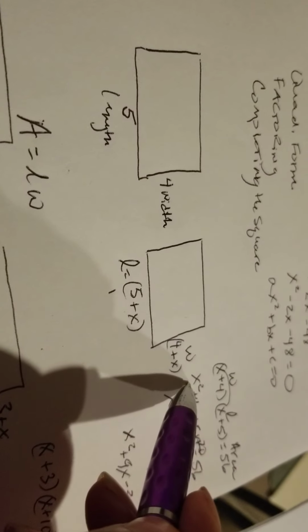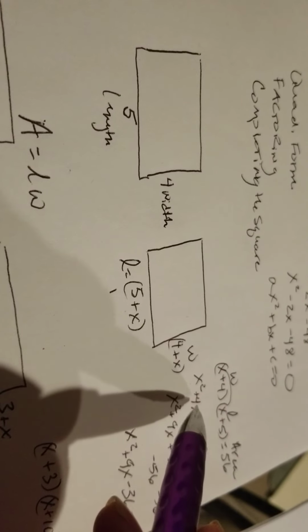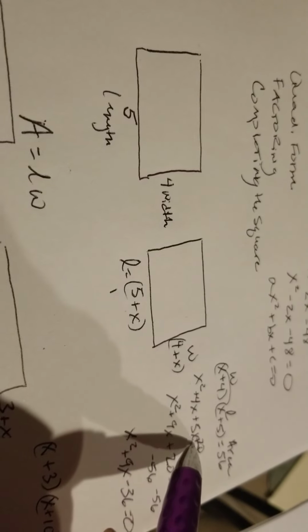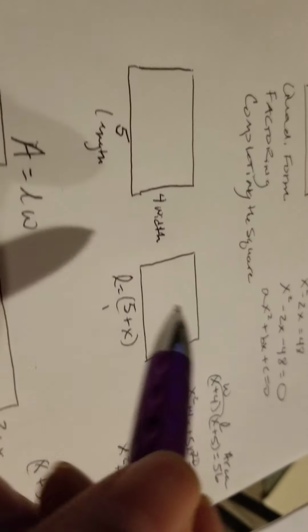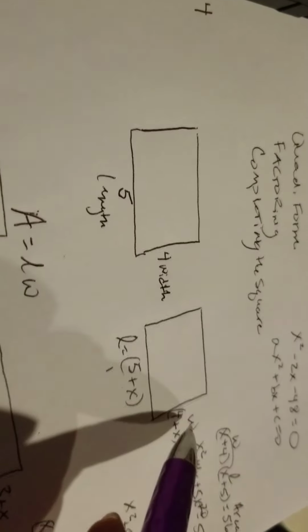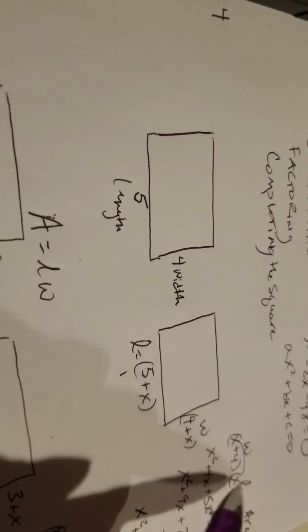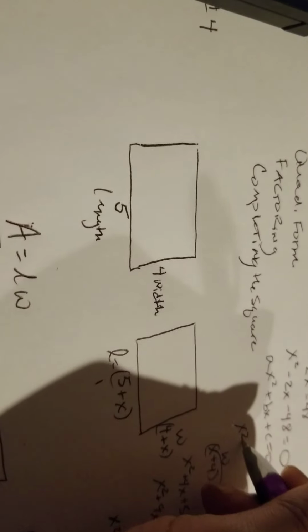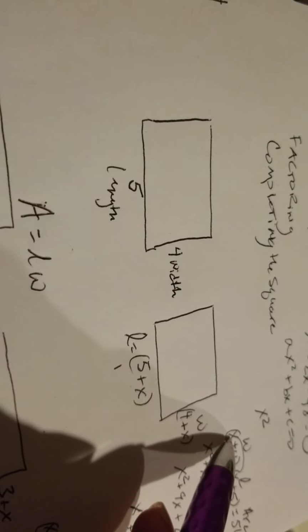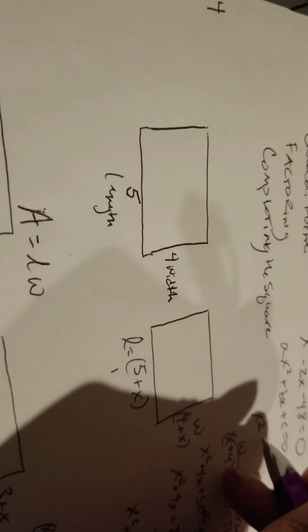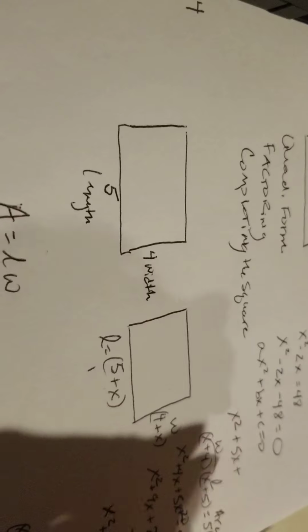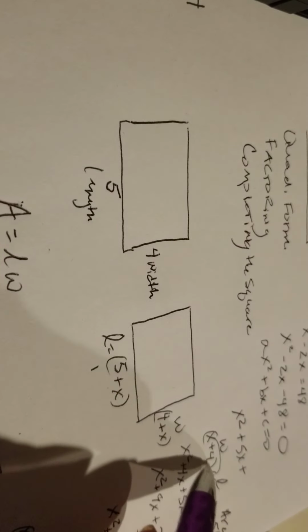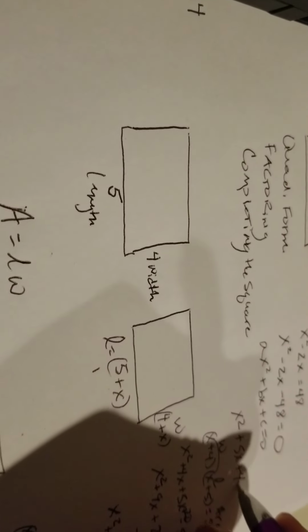So X times X is X squared. X times 5 is 5X. 4 times X is 4X.